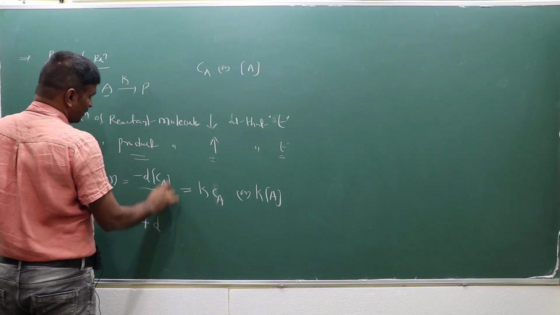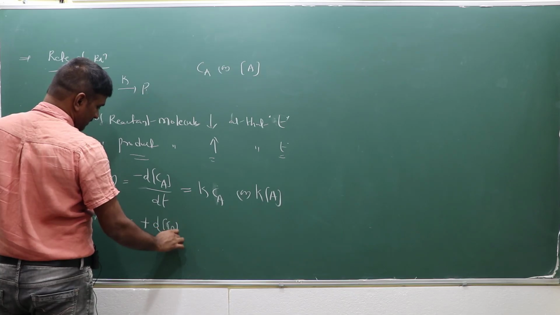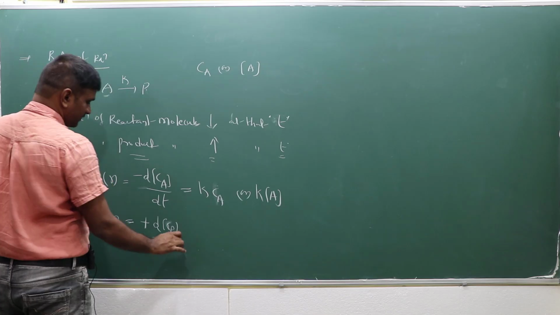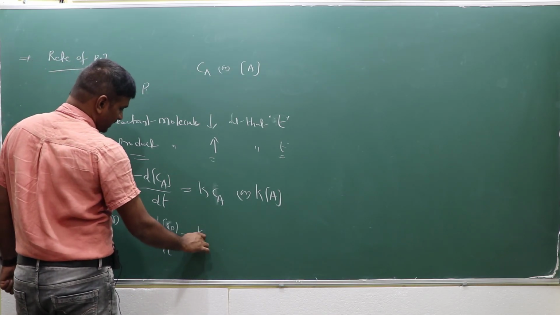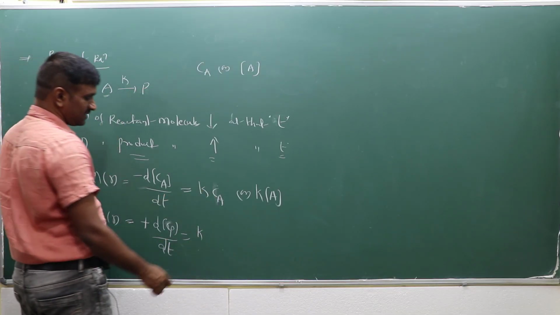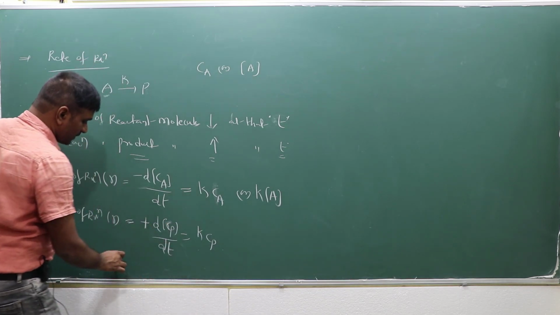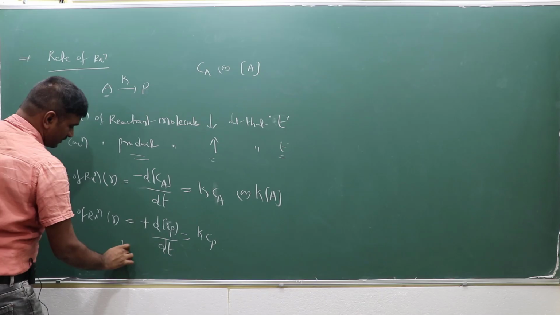So d Cp by dt, the change of the product molecule concentration Cp, or dP by dt, is equal to K into the concentration of the product molecule.